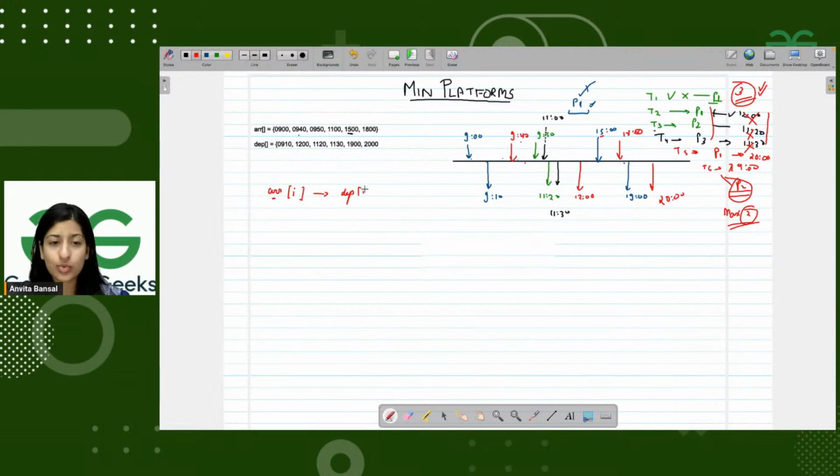I'm not saying i minus one, but yes, my comparisons are made for that index with the departure time of some other train, XYZ, whatever it is. So, can I understand it in this way? Have a look here.